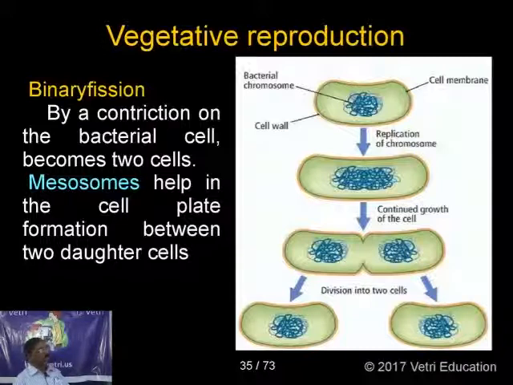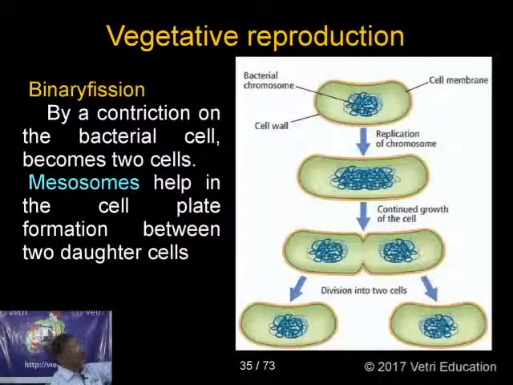Here the nuclear material itself becomes two, and at the center the mesosome, which I already told you is found in the center, helps in the formation of the cell plate during this binary fission. Then a constriction is formed in the center, and the constriction proceeds and forms two cells.